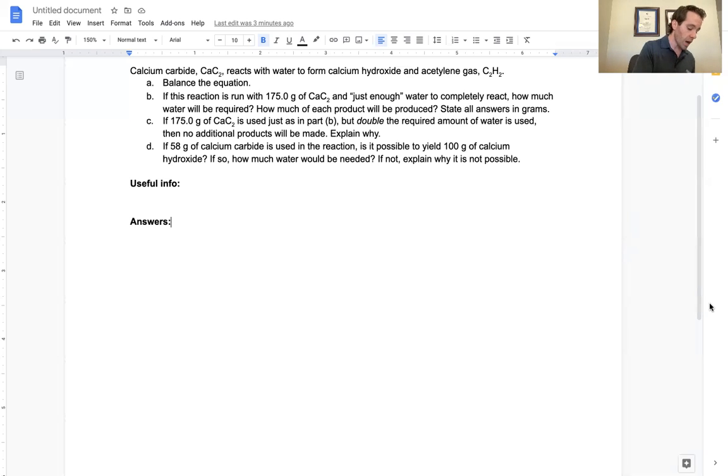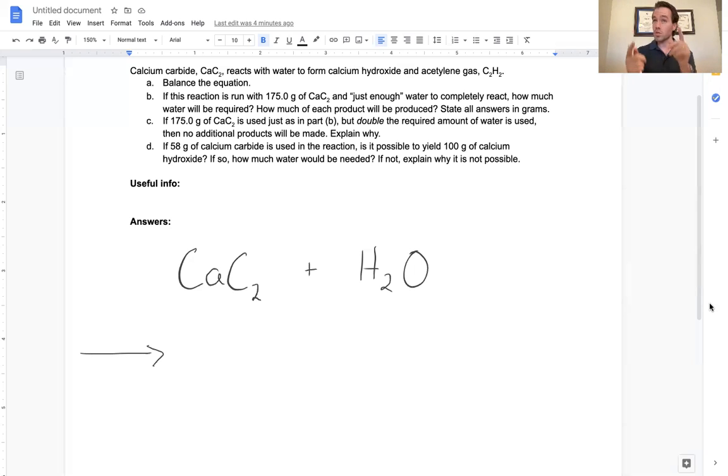So I will, first of all, just write a quick version of this equation. Calcium carbide is CaC2, and that reacts with water, so that's plus H2O. And this yields calcium hydroxide. Now, stop and think for a second. What is calcium hydroxide? Calcium is Ca.